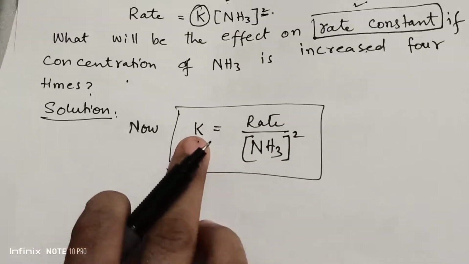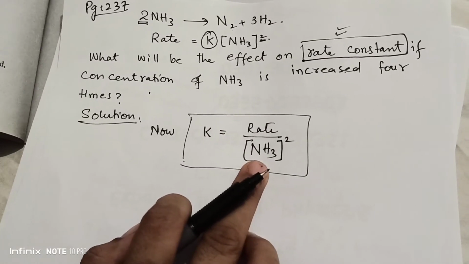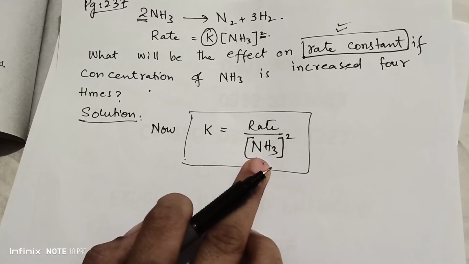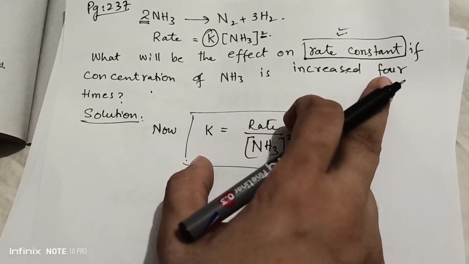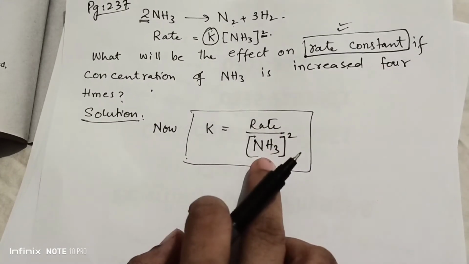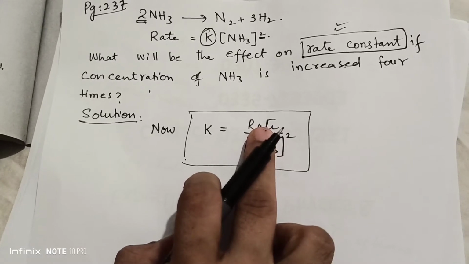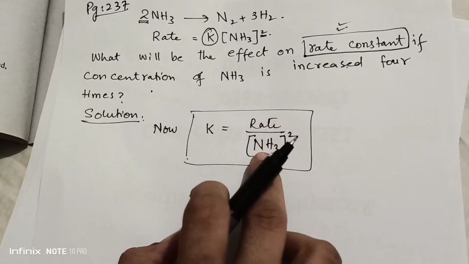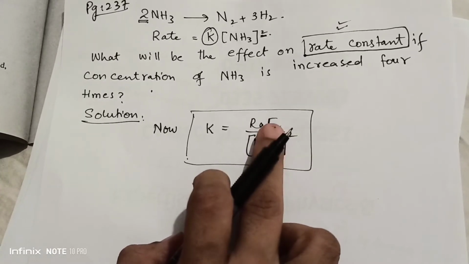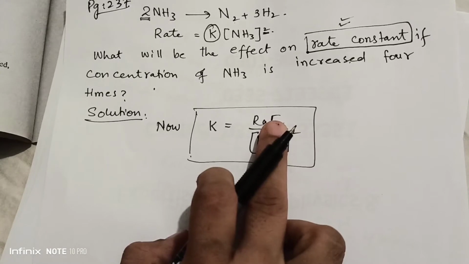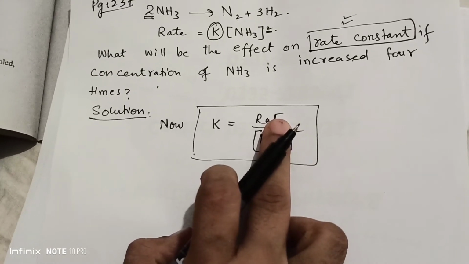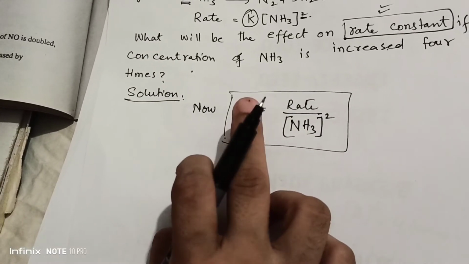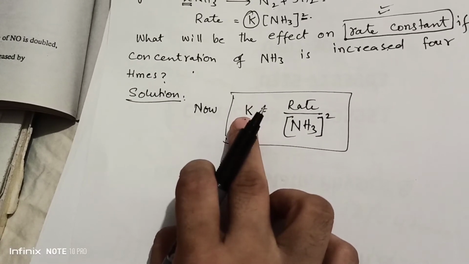Because if you increase the concentration 4 times, as mentioned in the question, the rate will also be increased by that factor, 4 times 4 is 16. The rate will be increased 16 times, but there is no change in the value of K. The value of K will remain constant.